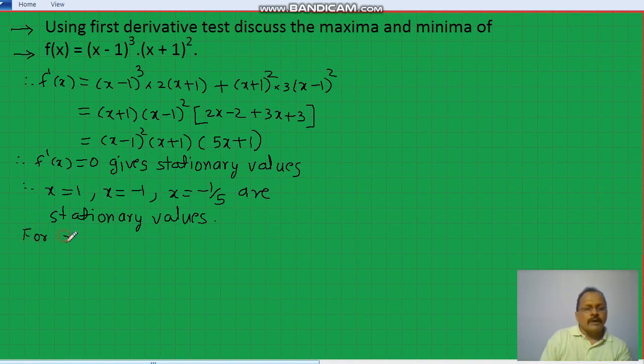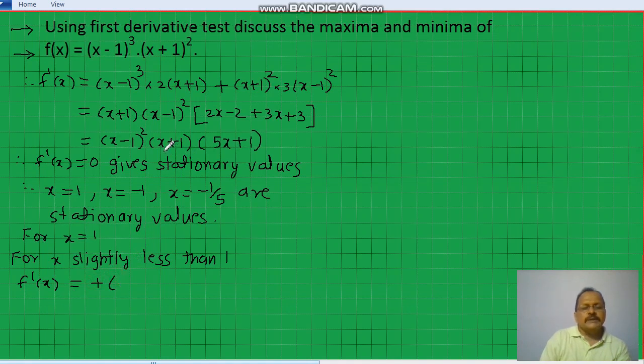For x slightly less than 1, f dash x is equal to, firstly x less than 1, this number will be negative, but its square is there, so it becomes positive.